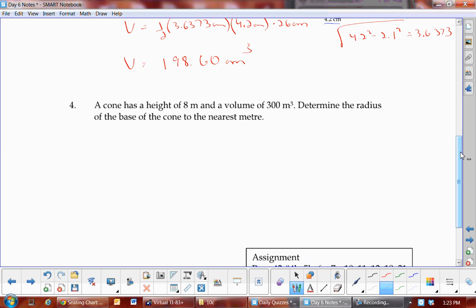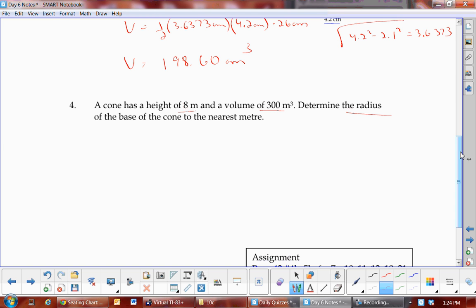Okay? So if I have a cone that is height 8 meters, volume 300, it says determine the radius. Now if you look on this formula sheet, there is no formula for the radius of a cylinder. A cone, I mean. Okay, so look on there, no formula. But I do know the formula for the volume.